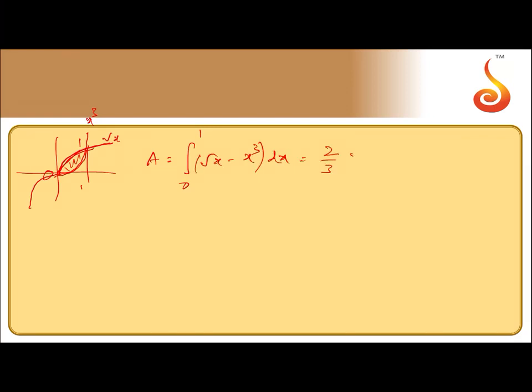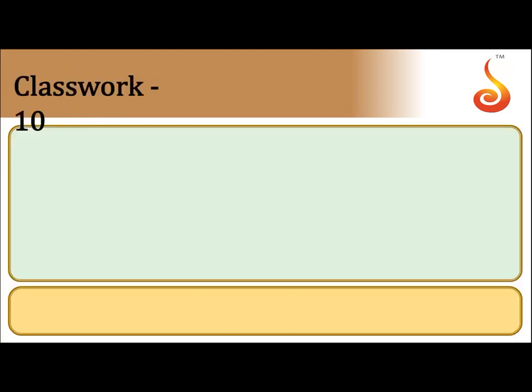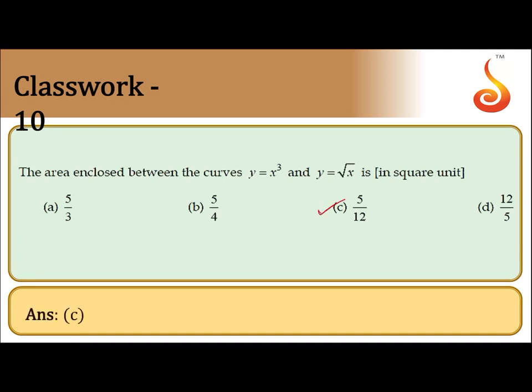This is 2 by 3 x root x minus x power 4 by 4, limits from 0 to 1. Substituting 1, we get 2 by 3 minus 1 by 4, which is 8 minus 3, 5 by 12. The answer for this one is 5 by 12, so option C.